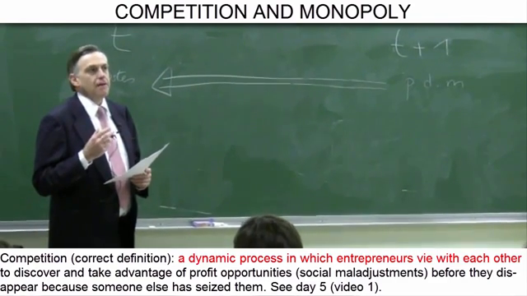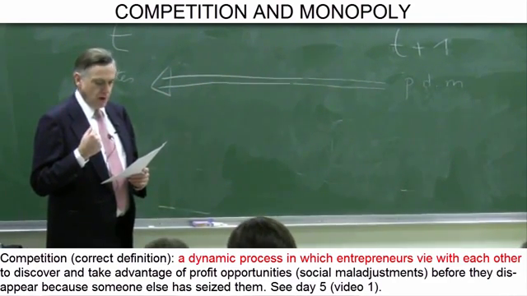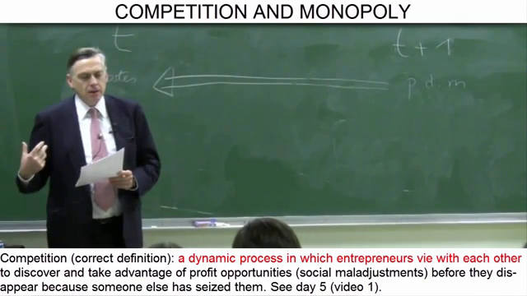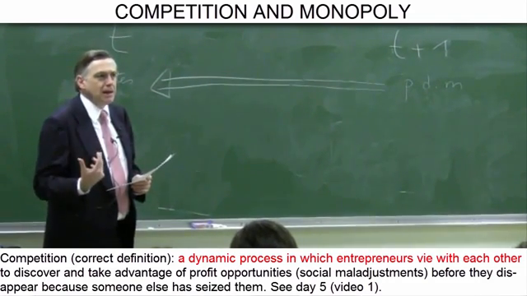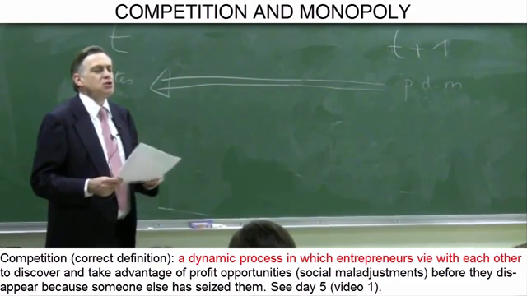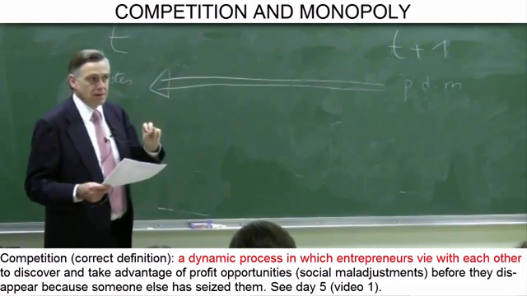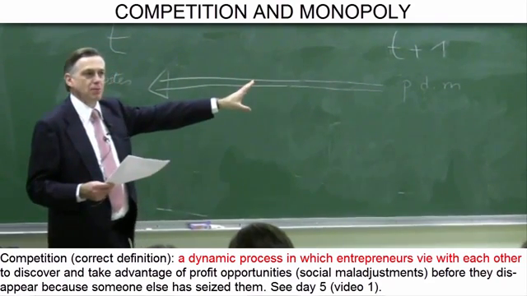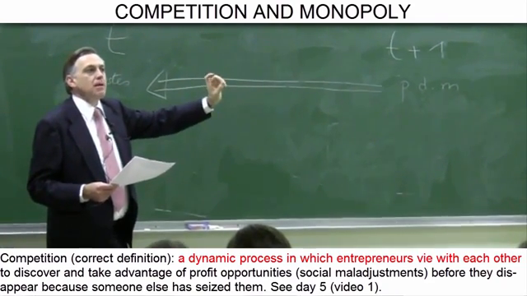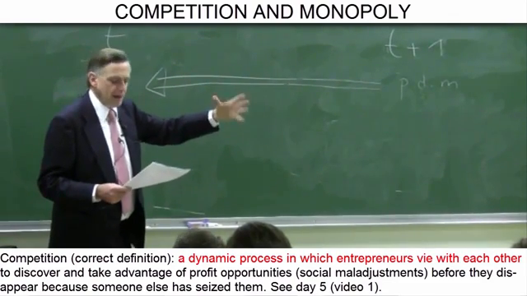Well, the most intimate essence of competition lies in its being a dynamic process in which countless entrepreneurs participate by vying with each other to discover or detect, before anyone else, the latent profit opportunities in the entrepreneurial process, and they act accordingly to take advantage of them.